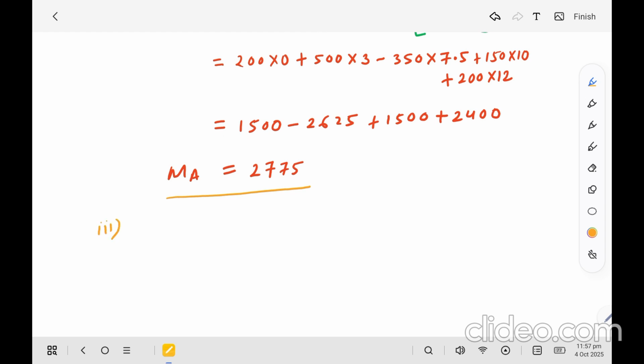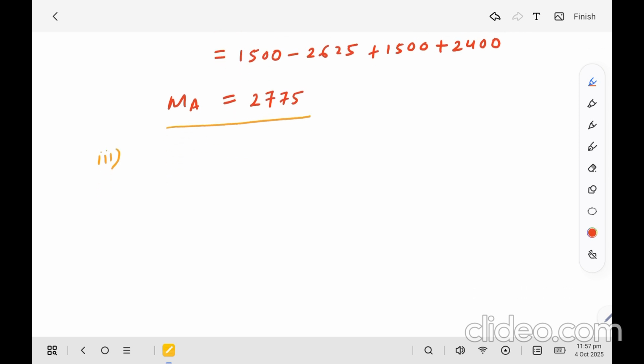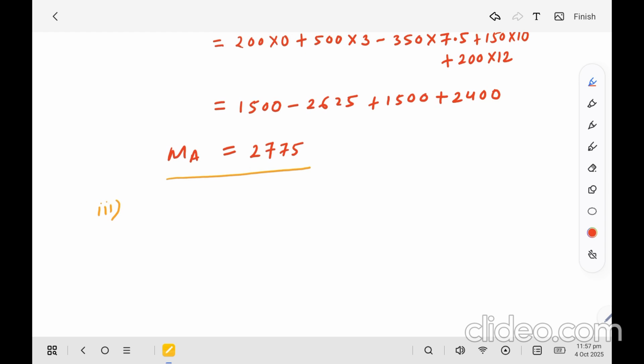Now the third step is to apply the Varignon theorem.